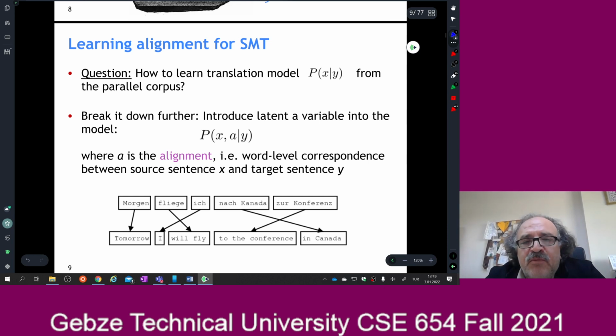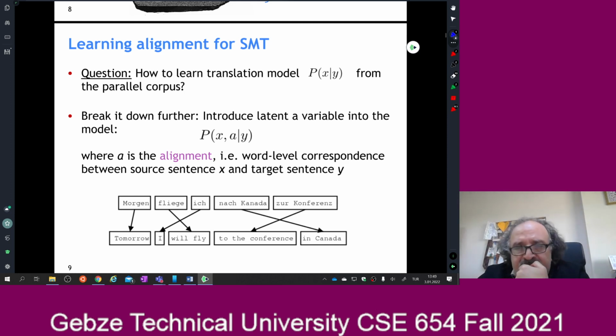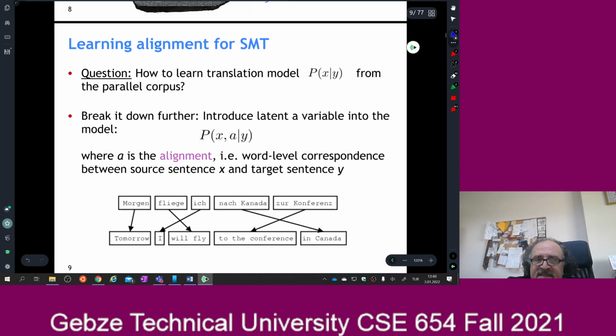To make this easier to calculate, I will assume an alignment. What is an alignment? Alignment is a mapping between the source sentence and the target sentence. For example, this is the alignment. The first word corresponds to the first word. This is the German sentence.